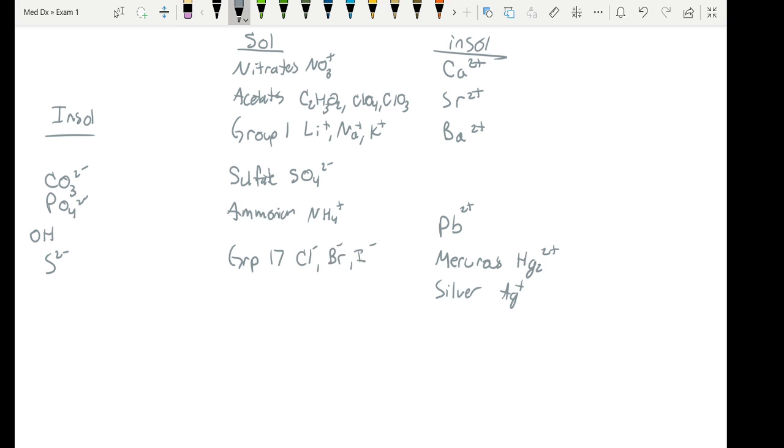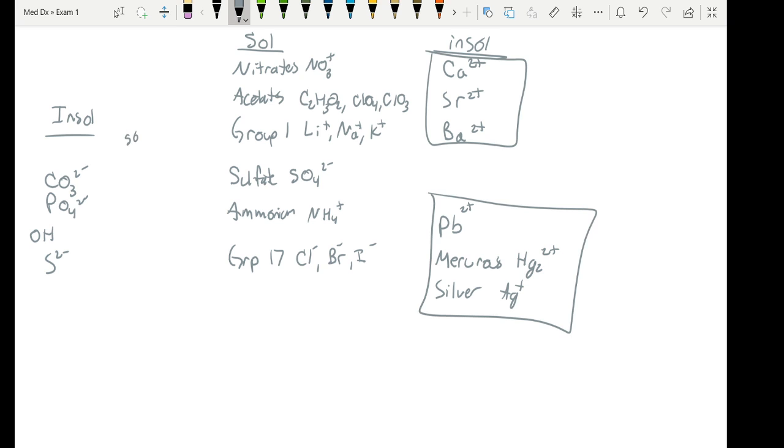So then you're going to put a box around these two. You're going to write soluble with this box here. If you mix this with group 1 and ammonia, those are going to be soluble.